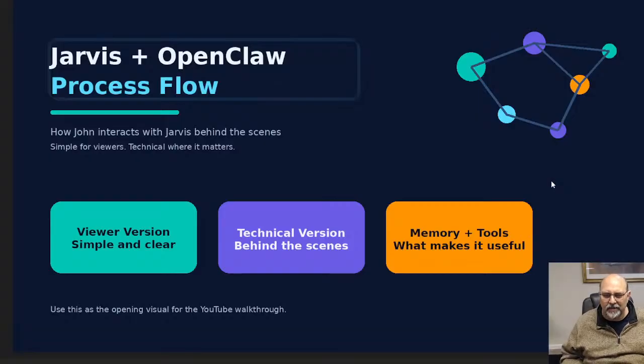I originally did some PowerPoint, and I had some problems, so I just told it to make pictures. It did a great job. So this is just kind of the high level, and then we'll walk through the technical behind the scenes and the memory uses. What makes it useful is that it does remember.